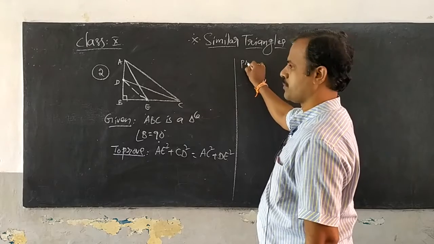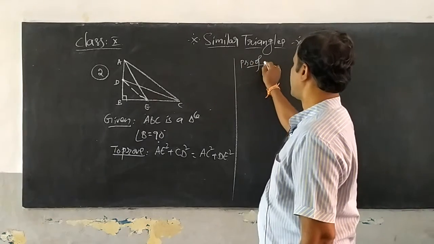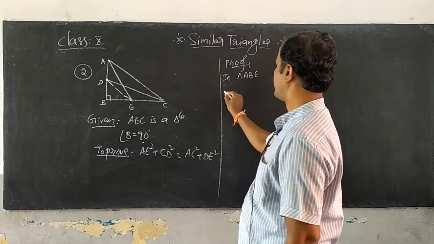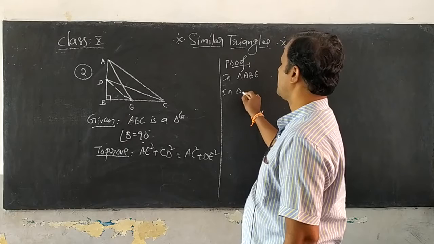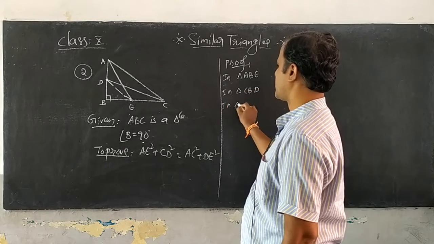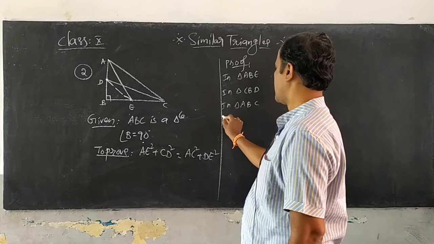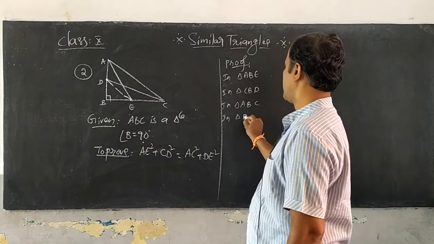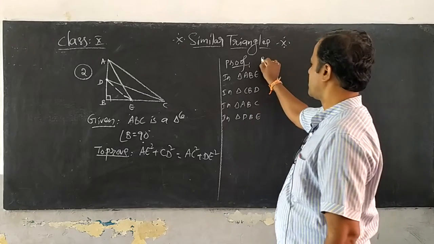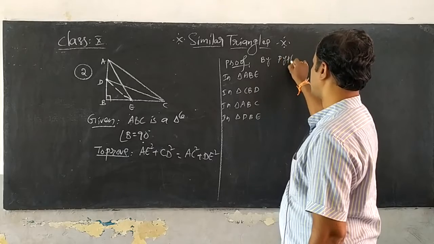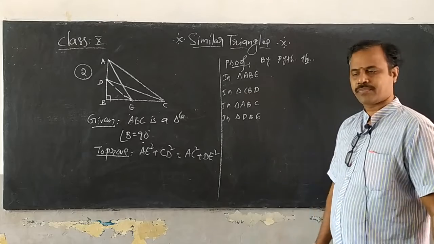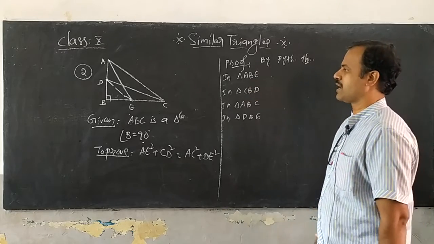Coming to the proof: in triangle ABE, similarly in triangle CBD, next in triangle ABC, and in triangle DBE, in all these 4 triangles, we apply Pythagoras theorem.